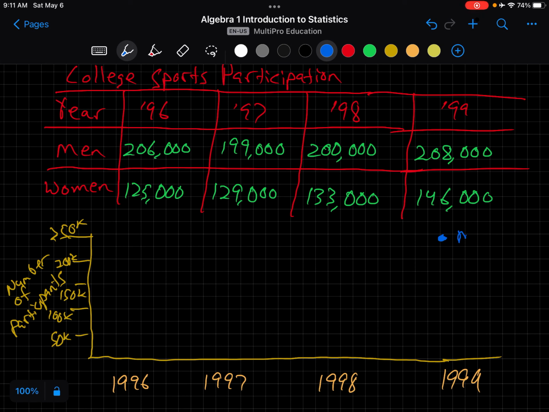So we are going to make blue for men and red for women on the bar graph. So we had 206,000 men in 1996. And in 1997, we had 199,000.